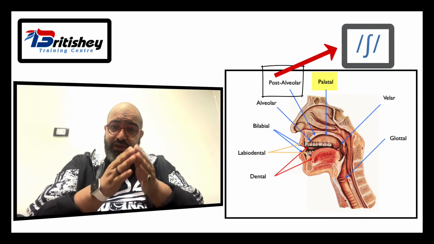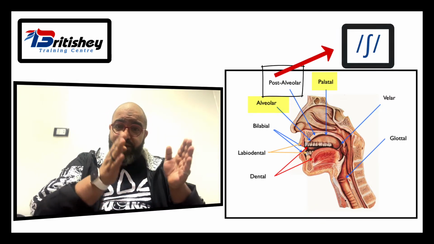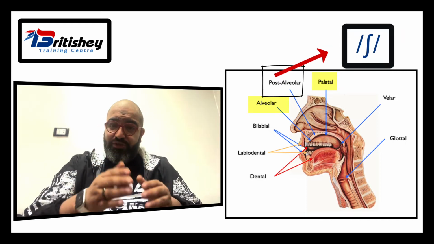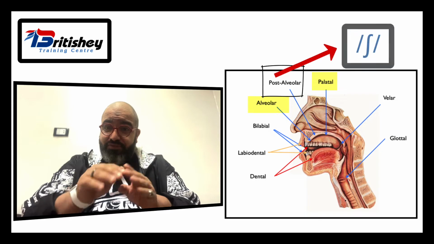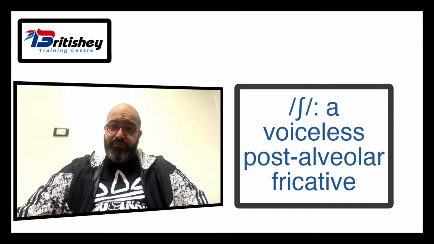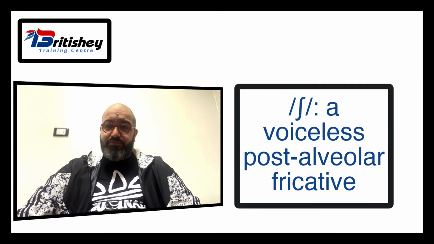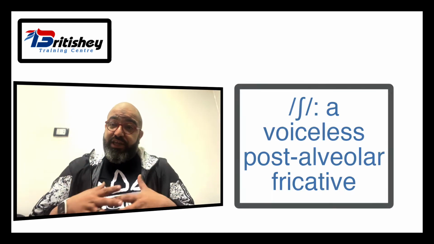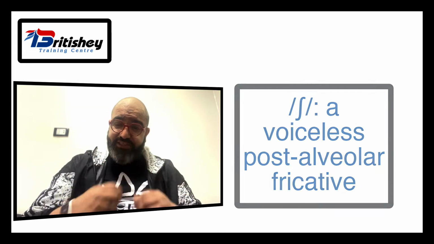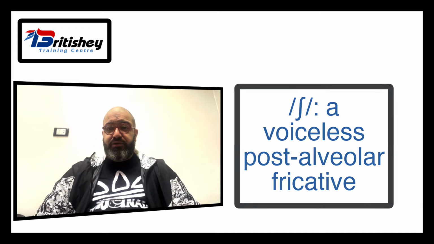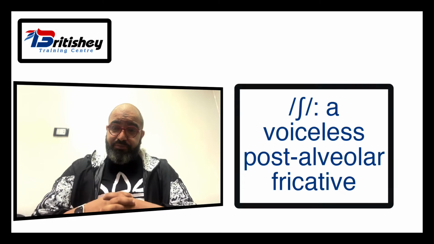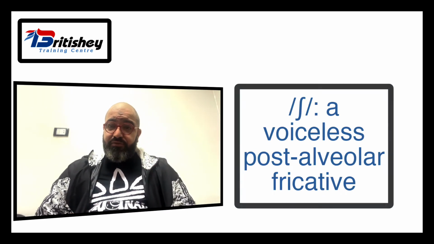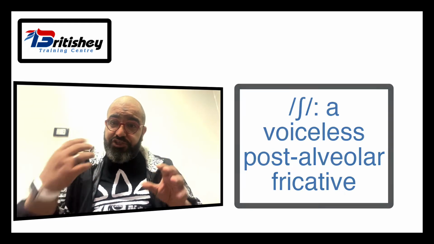It falls between the alveolar sounds and the palatal sounds. Not only that, the sh sound is also a fricative sound like the s sound. And this is why a lot of native speakers, when they connect their speech, when they have an s meeting a y sound, turn the s sound into a sh sound.